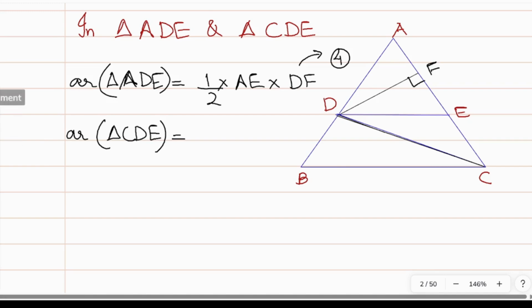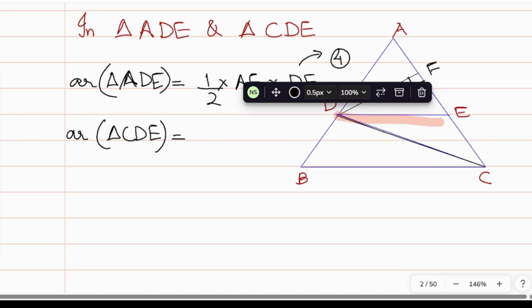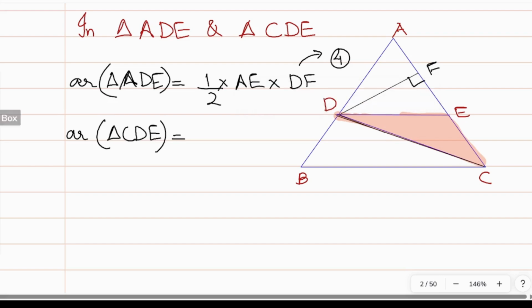CDE means this part, right? I have to take half into my base EC into the perpendicular height, which is DF, right? And this one I'm going to name equation number 5.